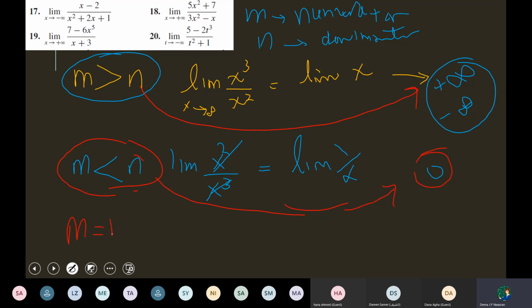But if m is equal to n, like the limit of 3x squared over 4x squared, and you simplify them, you have only a number. This number is the coefficient of the numerator over the coefficient of the denominator. Is it clear now?